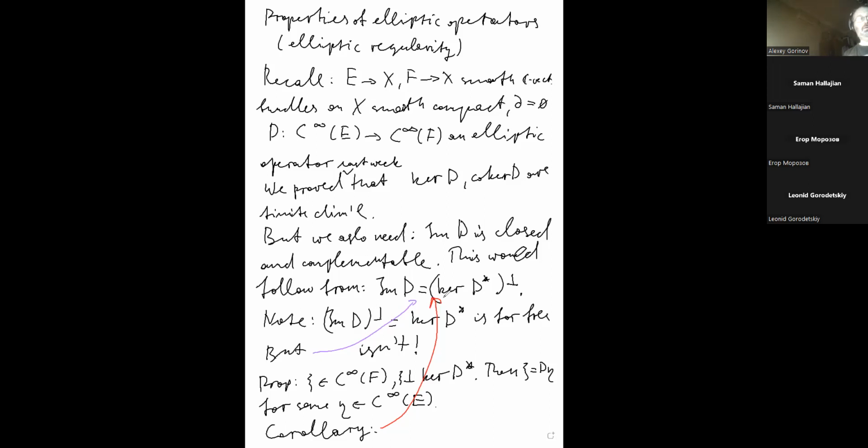And what about the other inclusion? The image is inside the orthogonal complement of the kernel.